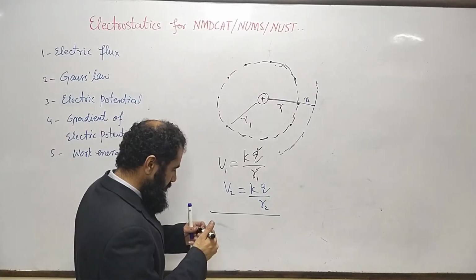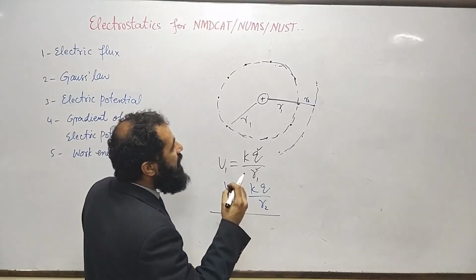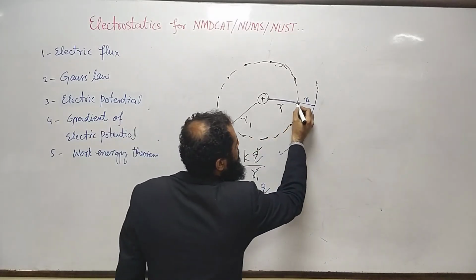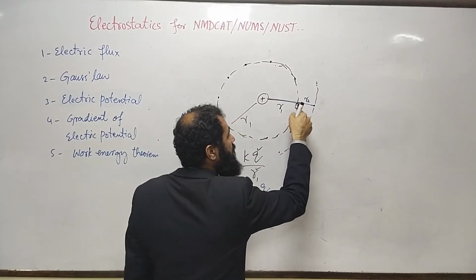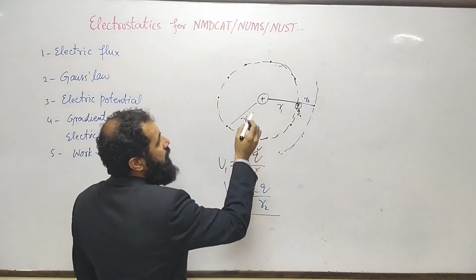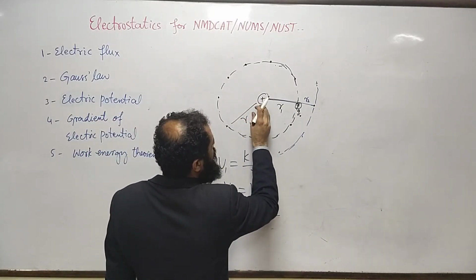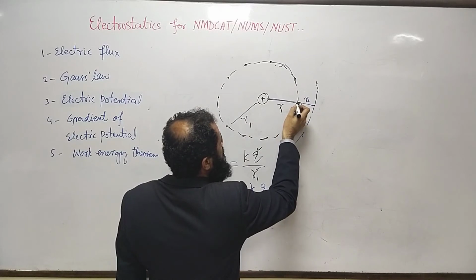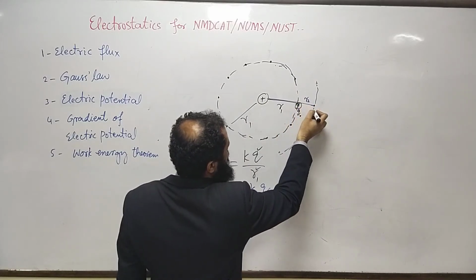If I place some positive test charge here, now this time it is a test charge, Q0, what would happen? This positive source charge would repel this in this direction.